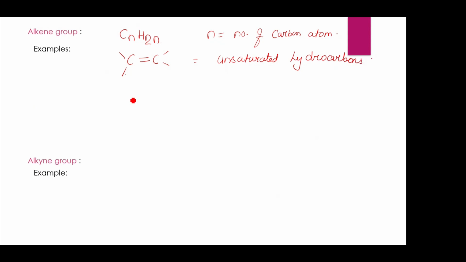So for alkenes we can take one example. Just write down the structural formula: CH3, CH double bond CH2. See the four valencies of carbon: 1, 2, 3, 4. In these two carbons we have only two hydrogens in one and one hydrogen in the other.